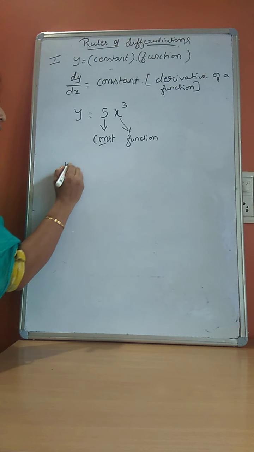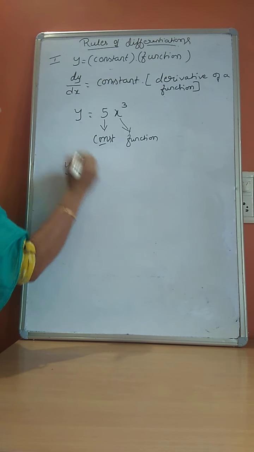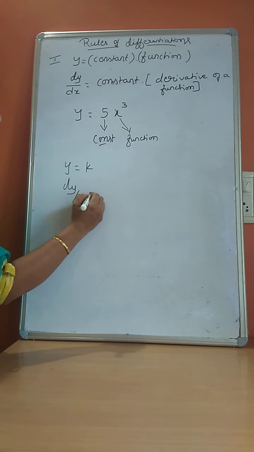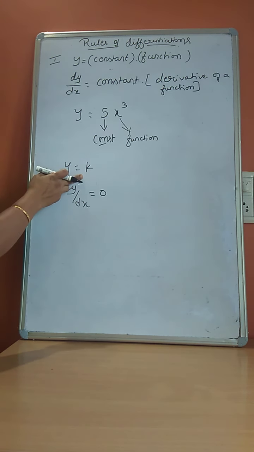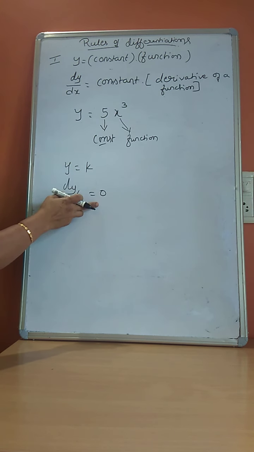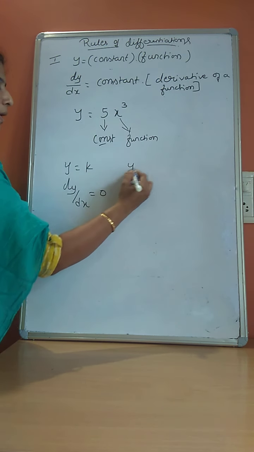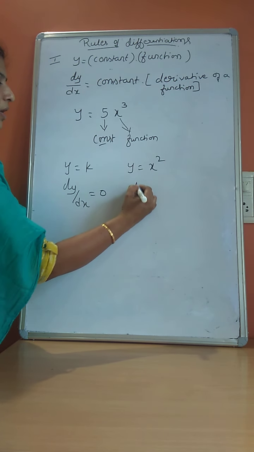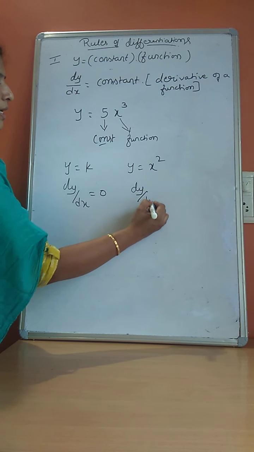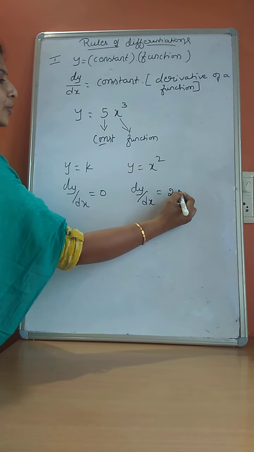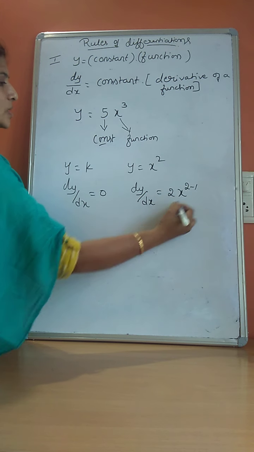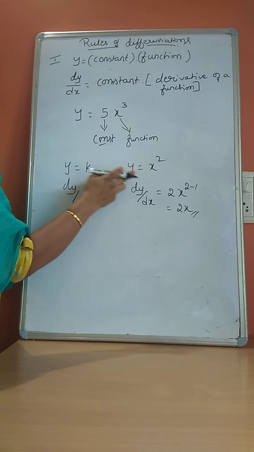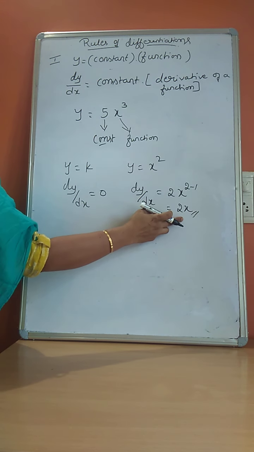Suppose we know that if y is equal to constant k, any constant, what is the derivative? dy by dx is equal to 0. Derivative of any constant term is 0. If y is equal to x square and we differentiate, we get dy by dx is equal to 2 into x to the power of 2 minus 1, that is 2x.